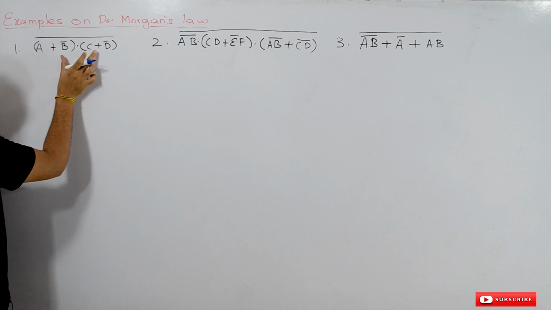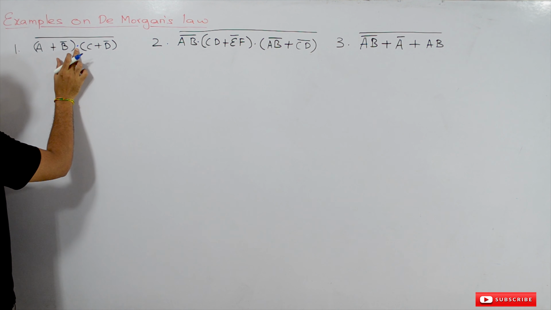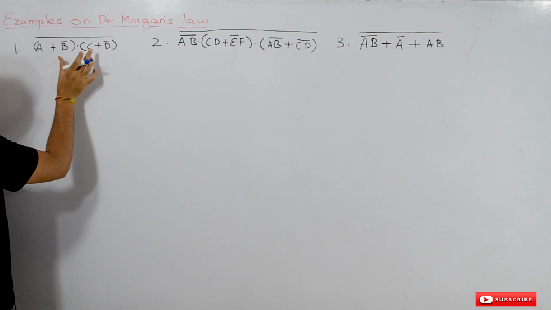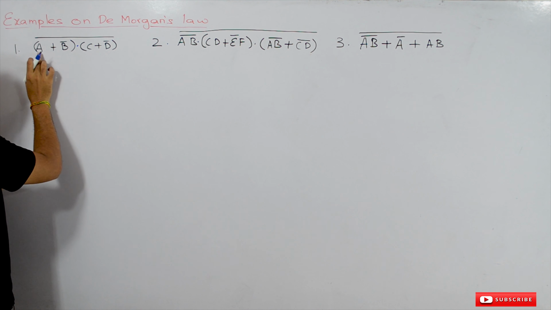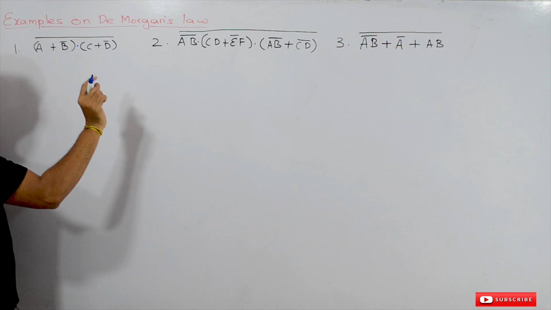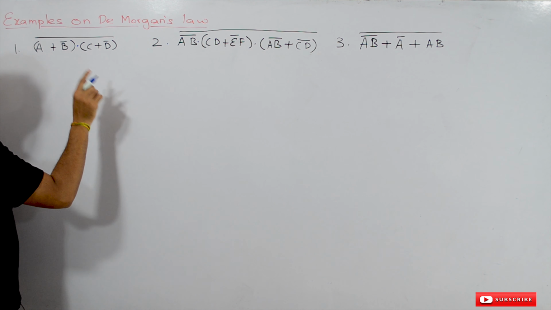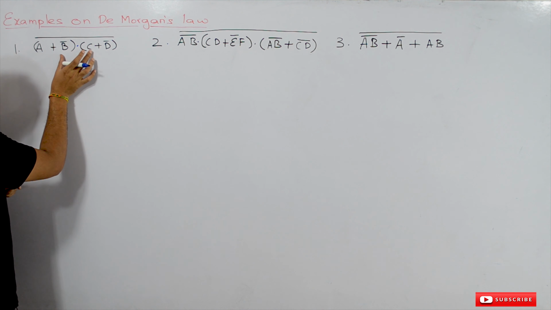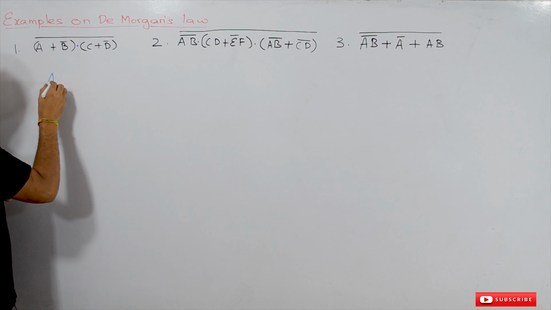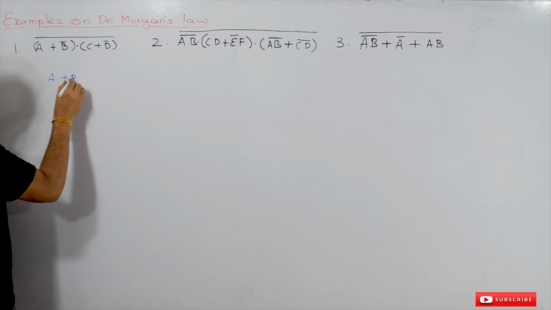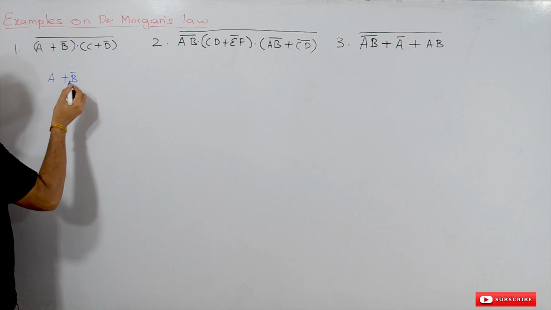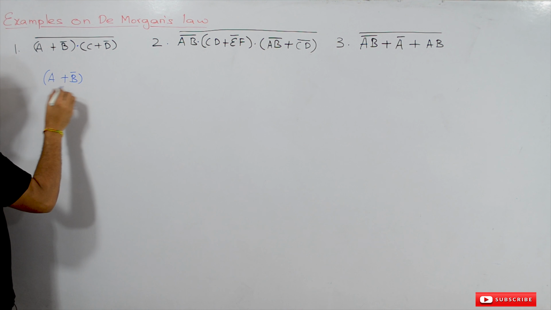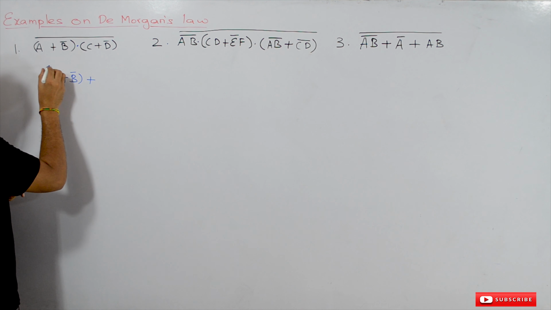Whenever we have a dot, a product of variables, consider this combination as one variable and this combination as another variable. The complement of the product of variables can be represented as A bar plus B bar.